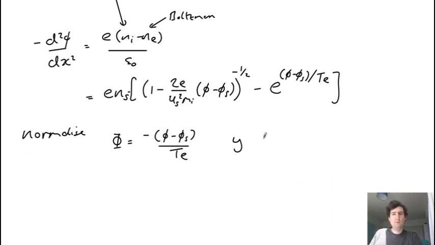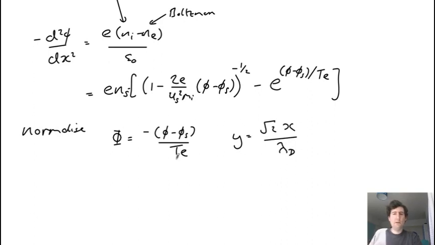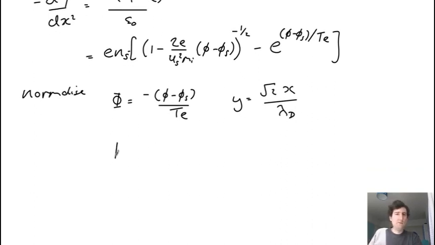We have a normalized distance y, which is like square root 2 times the x direction over lambda_D, where lambda_D is the Debye length again, and we define a constant K, which here is m_i u_s squared over 2 e times electron temperature. So e times T_e is in joules, it's the thermal energy, and a half m u squared is the kinetic energy. So it's like a ratio of ion kinetic energy to electron thermal energy, and this gives an equation.